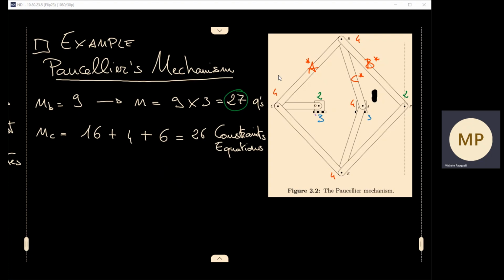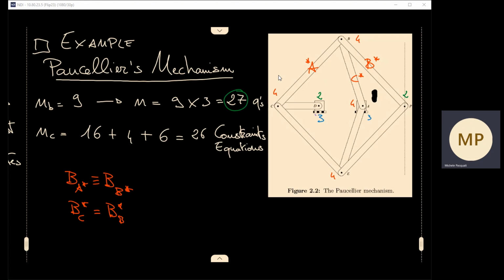Let me just rewrite it. So here we have that point B of A star must be identical to point B of B star. Then we had that point B of C star must be equal to point B of B star. Now, these are the 2 equations that we wrote for the complex hinge.